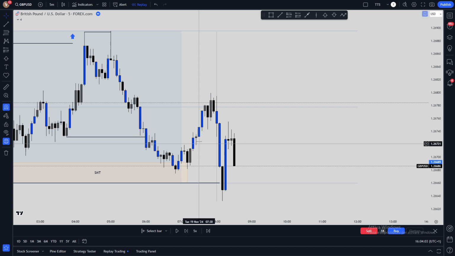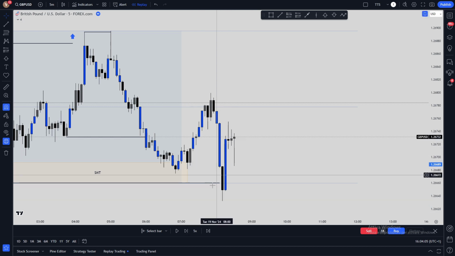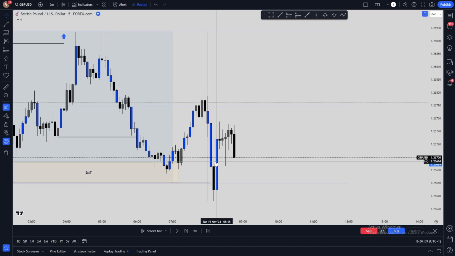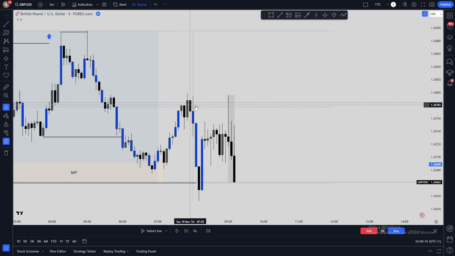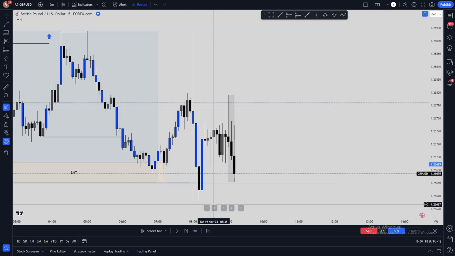You can see now price react from this inducement with speed, potentially mitigate this, just ranging.